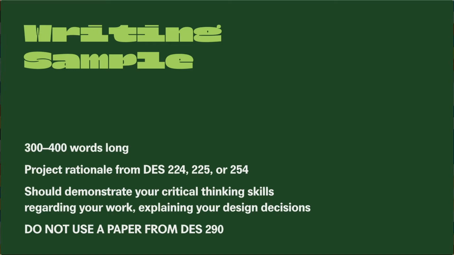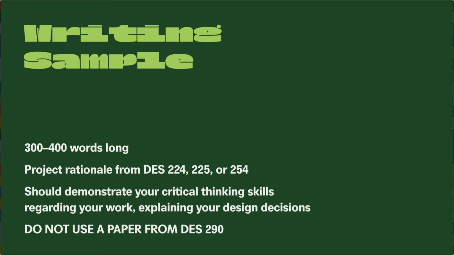The other thing to know is that if maybe you took the History of Modern Design class, DES 290, at a time when they required you to write up a final paper or an annotated bibliography, that cannot be used for the writing sample anymore.